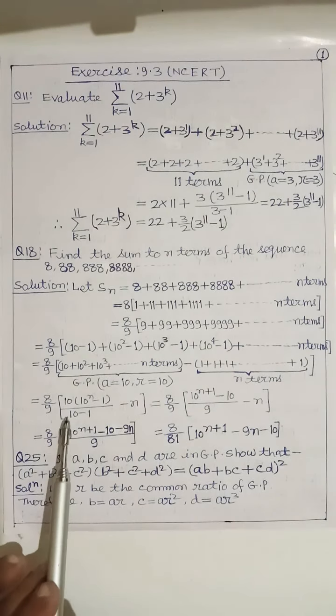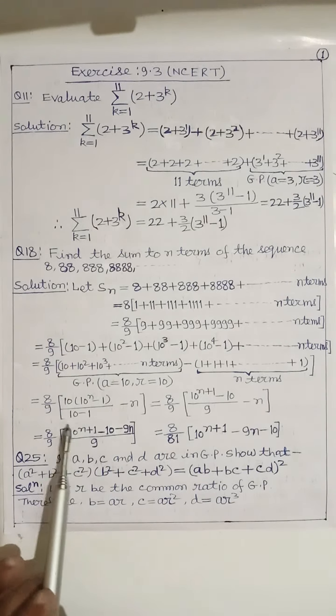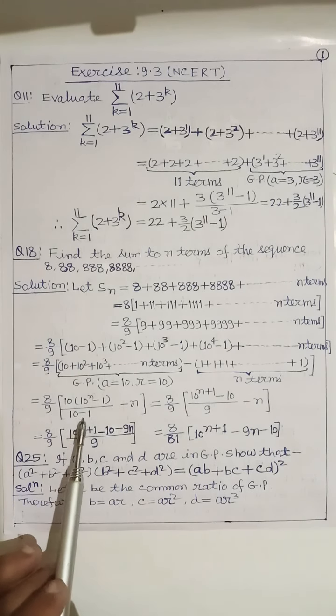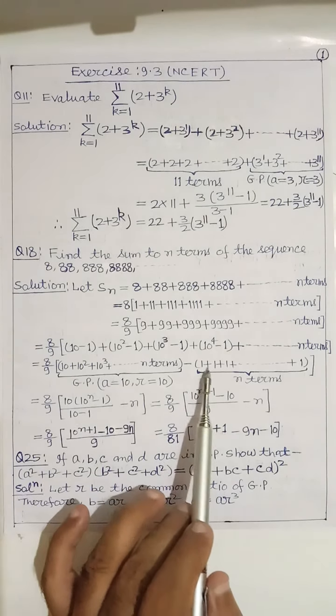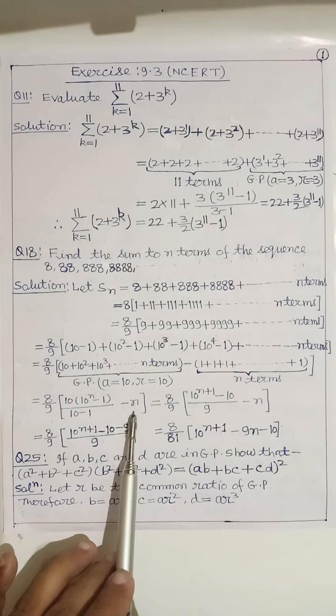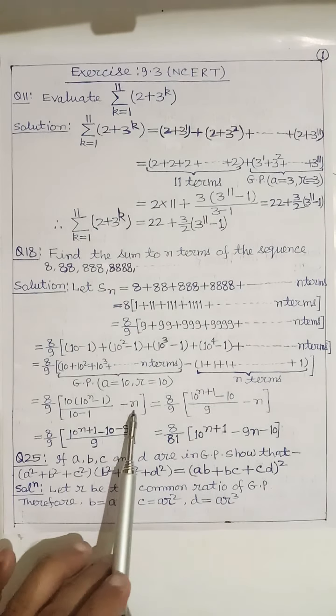So we use the formula a into r to the power n minus 1 by r minus 1. And minus here 1 plus 1 up to n terms. If we add 1 up to n times, we get n, so this will be minus n.